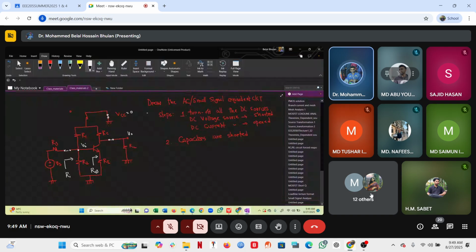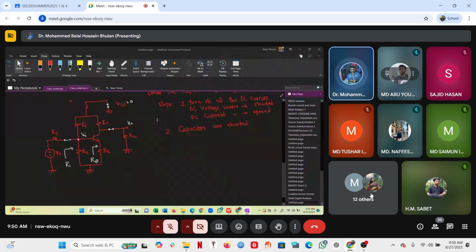If you make some mistake, for example, you have shorted the capacitors, but you forget to remove the DC voltage source, it means that your concept is not clear.